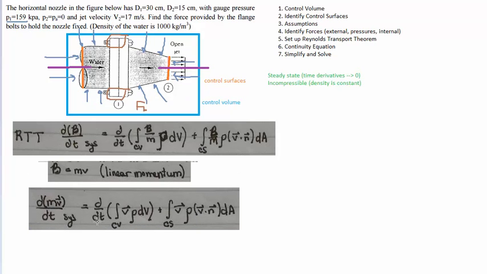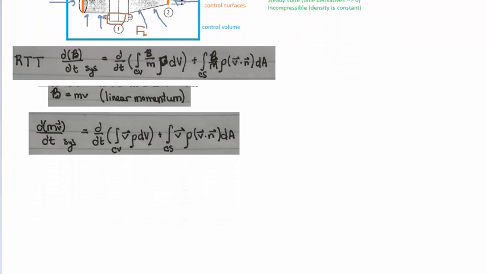Okay, don't worry about these two guys over here on the right. We're going to get to them and explain them in a little bit more detail, but just take a look at this on the left. You should have seen something like this many times in your introductory physics course. Of course, you know that the mass of the system is going to be constant if we're doing this steady state.